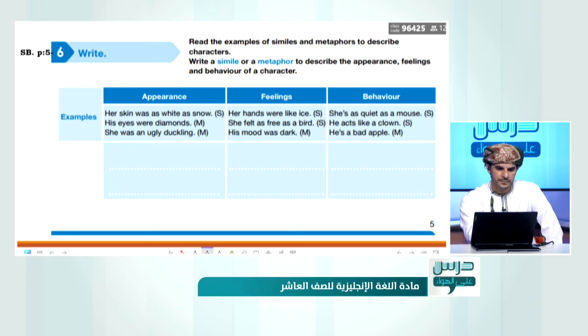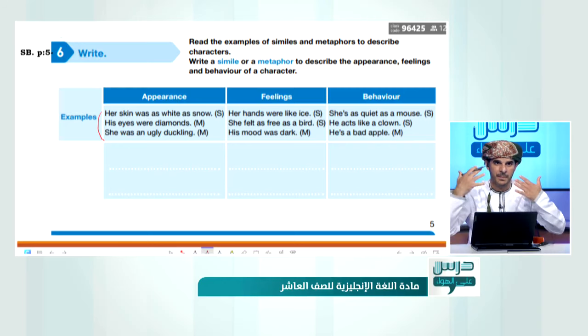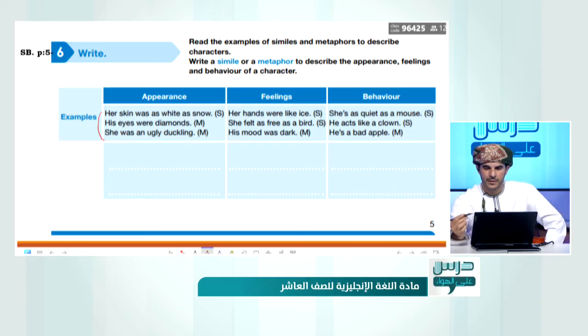Here, some similes and metaphors about what? Appearance, feelings, how do you feel, and behavior, how do you behave. Okay, you should write some what? Similes or metaphors to describe appearance, feelings, behavior.